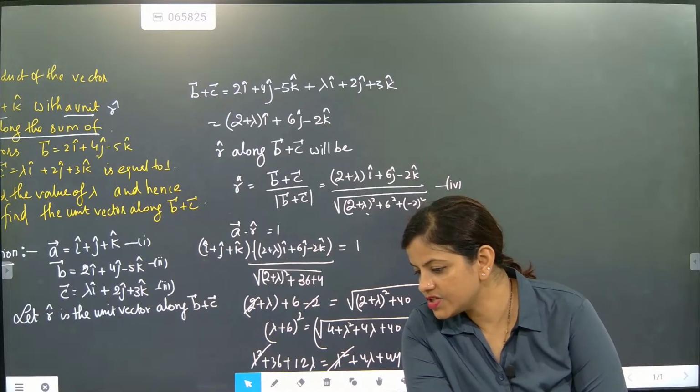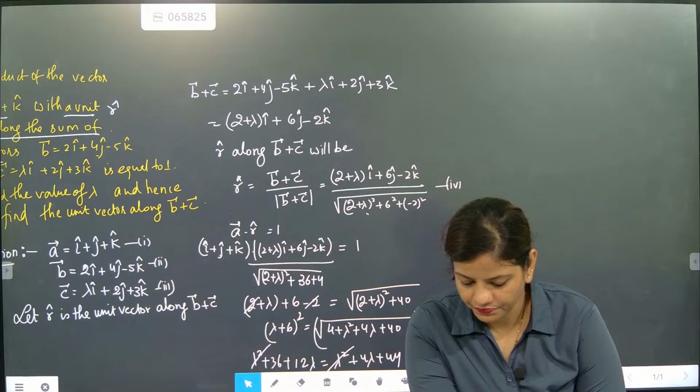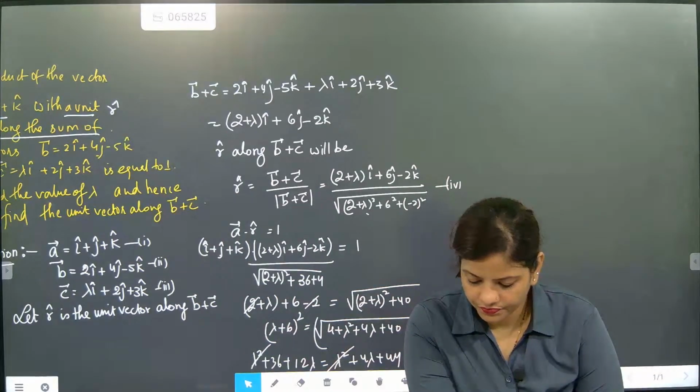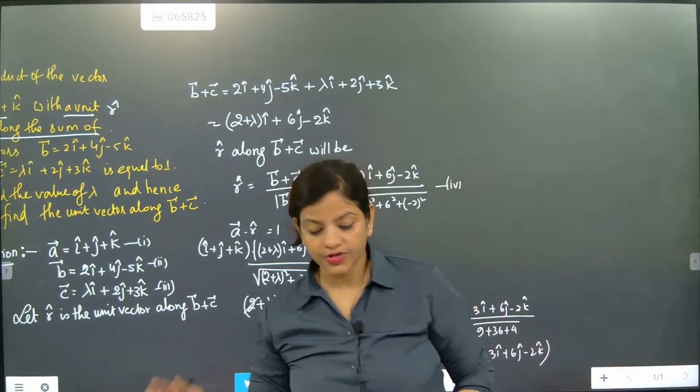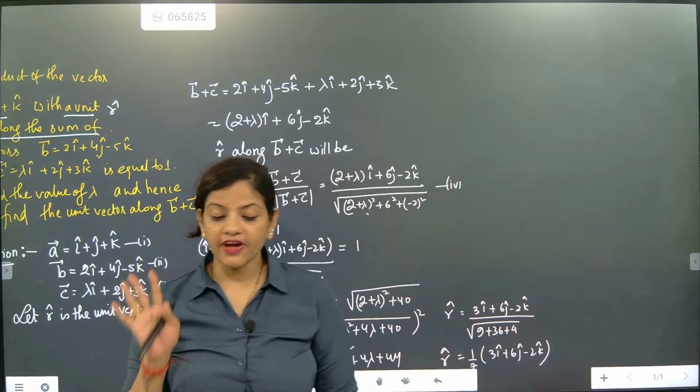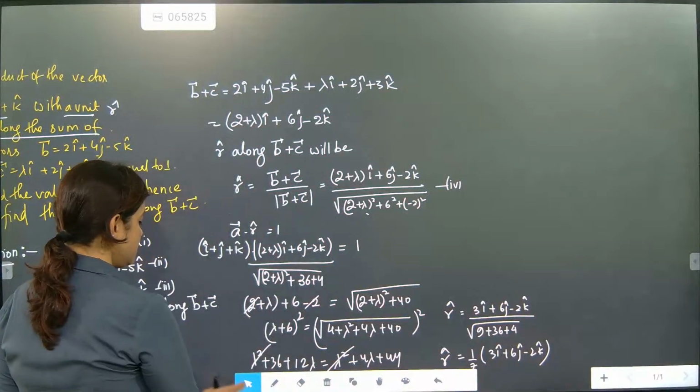One NCERT question we are going to solve. Write this question, beta. This question is an NCERT question, and 5 times it came in board exam. Okay. First, you finish this one. I'm waiting.